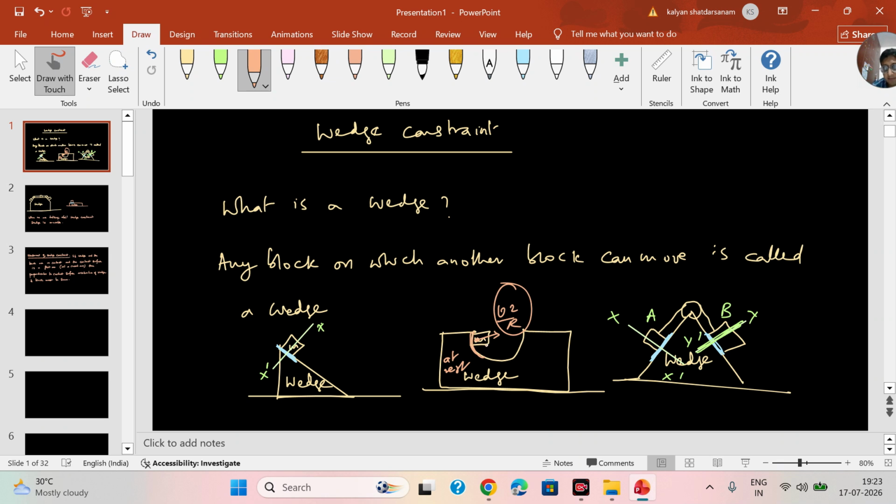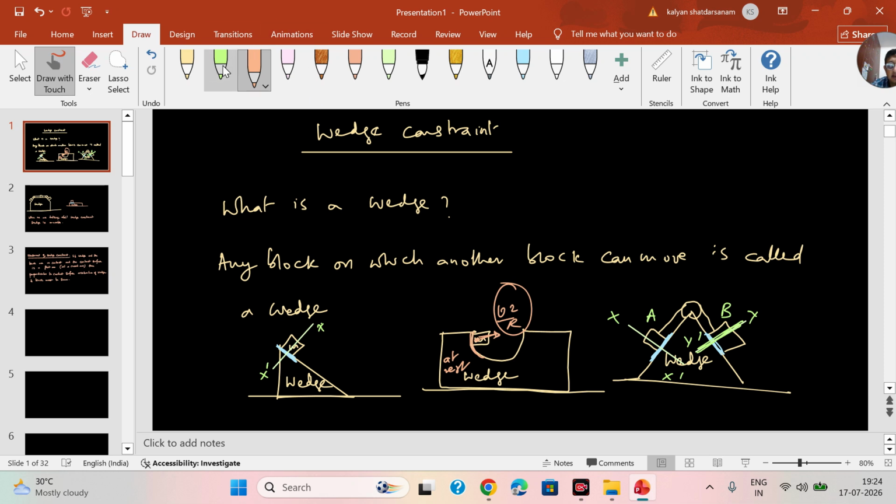So now the constraint failed. Why did it fail? The block is in contact with the wedge. The wedge has no acceleration, but the block has acceleration v square by r perpendicular to the contact surface, and still they are in contact. So it fails for curved surfaces. So the way you have to apply the wedge constraint for curved surfaces is you must subtract this v square by r and then apply it.